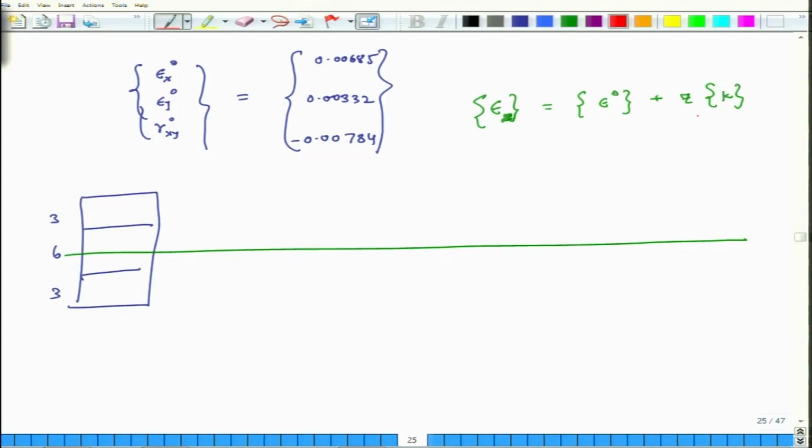Since curvature is 0, the strains in the laminate are constant through the thickness. So, strains are the same in all the layers.